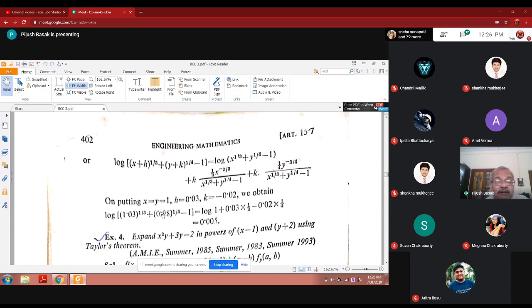So it will be log 1, plus, substituting here, 0.03 into 1/3 minus 0.02 into 1/4. The result is 0.005.